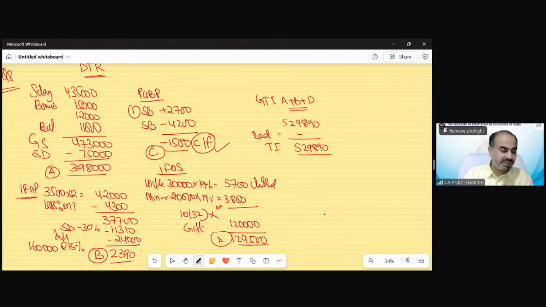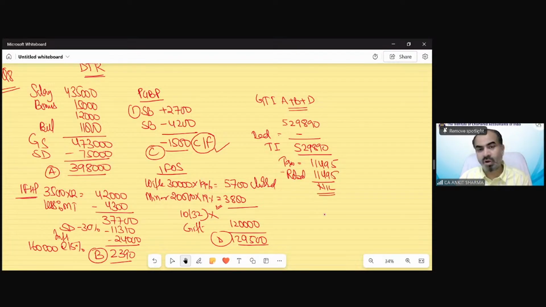On the basis of this income, if we calculate our tax under default tax regime, it would be 11,495. But up to 7 lakh, there is a rebate which is maximum up to 25,000 or the amount of tax whichever is lower. So the rebate would be there 11,495. So tax liability under default tax regime would be nil.